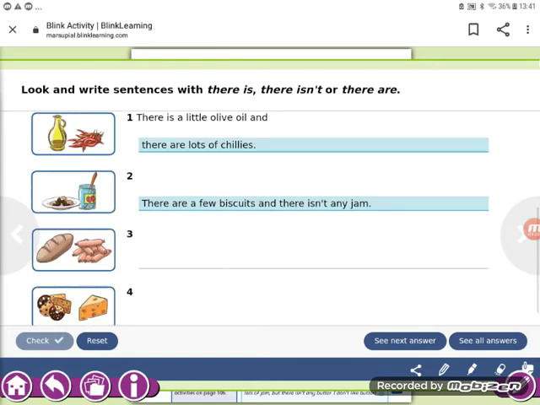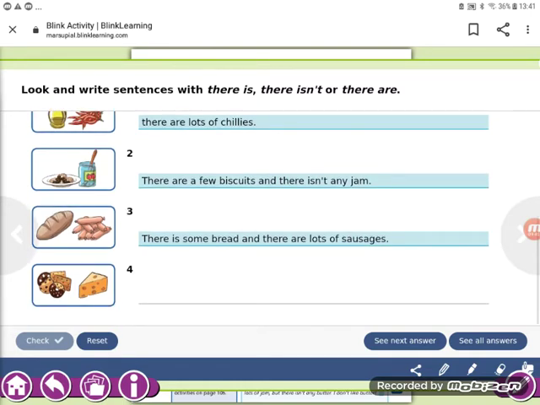In the other one, there is some bread and there are lots of sausages. In the other one, we can say there are some biscuits, okay?